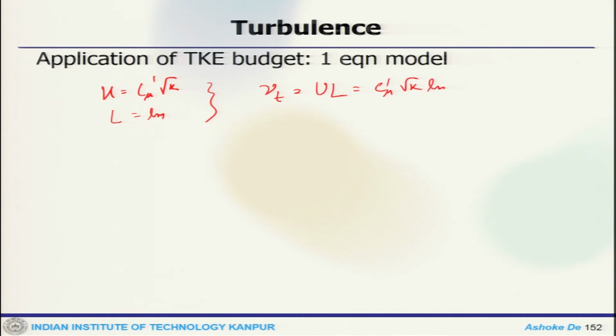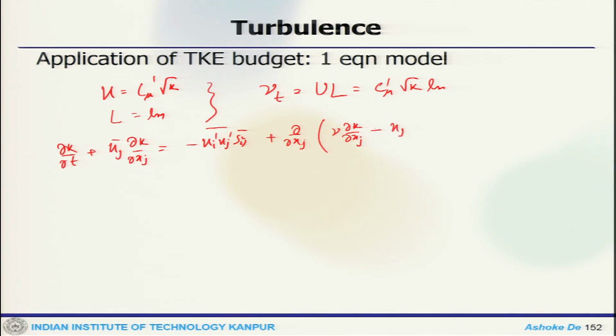Now, we can have a turbulent kinetic energy transport equation: del k by del t plus uj del k by del xj equals minus ui prime uj prime Sij, plus del by del xj of nu del k by del xj minus uj prime half ui prime square minus 1 by rho p prime uj prime, minus nu del ui prime by del xj whole square. The production is estimated as 2 nu t Sij bar.